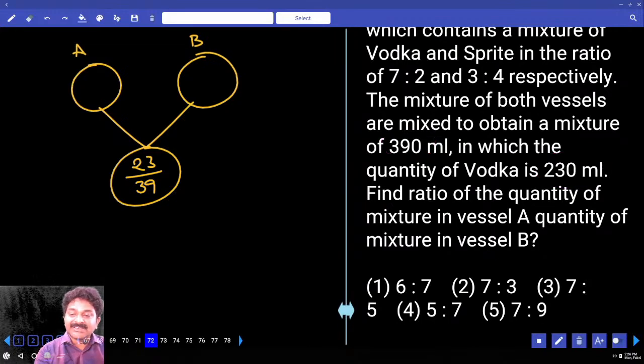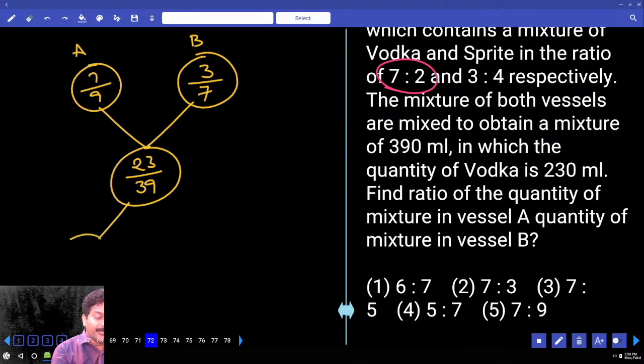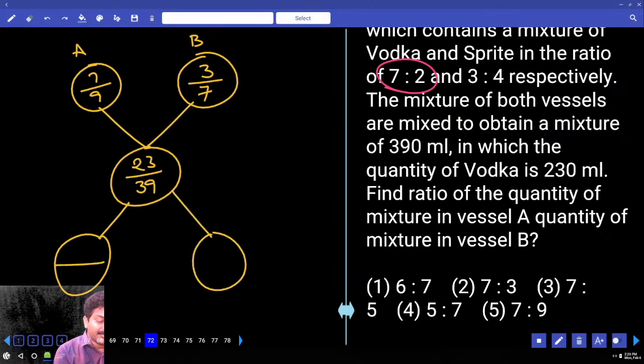In the first vessel A, vodka quantity is 7 parts out of 9 parts. And in the second container, it is 3 parts out of 7 parts. Go for allegation. I'll write the denominator first, which is 7 times of 39. Correct? 39 3 times. 40 times of 3 minus 1 time.